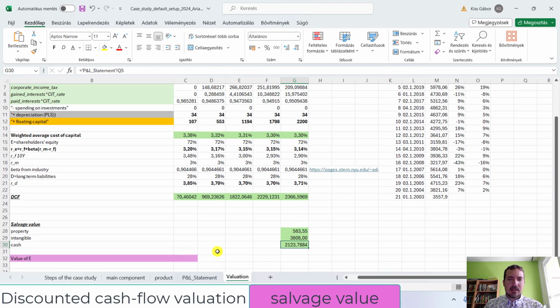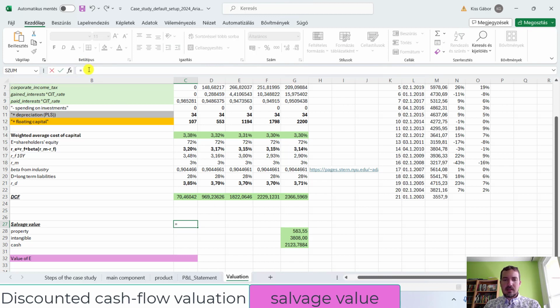Okay, then salvage value will be in the present plus this divided by 1 plus this one to the power of 5, because it will happen in the future.